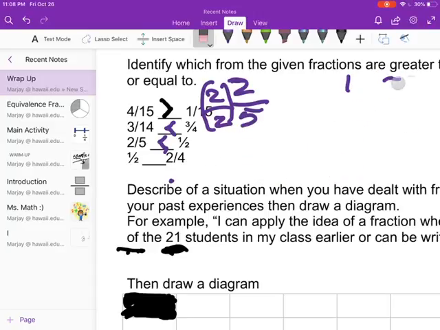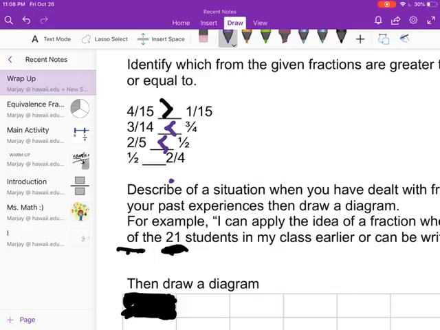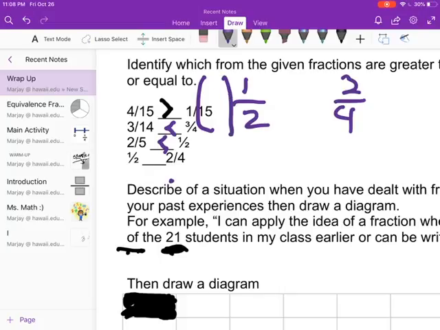What about the last one? Are they less than, greater than, or equal to one another? Let's try it using the method that we've been using. So 1/2 and 2/4. First make them have the same denominator.